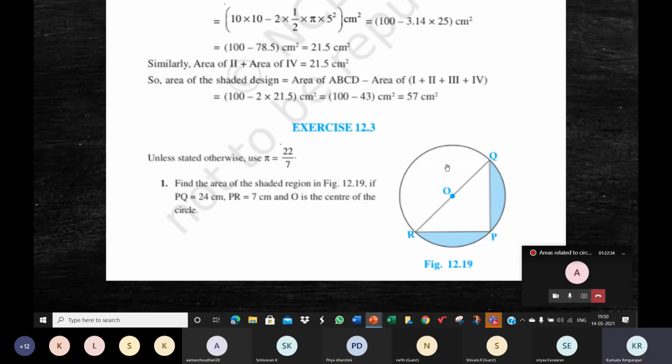How do we identify that? See here, P is a point on the circumference. RQ is the diameter.